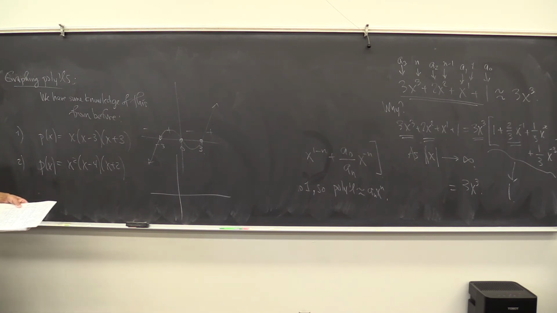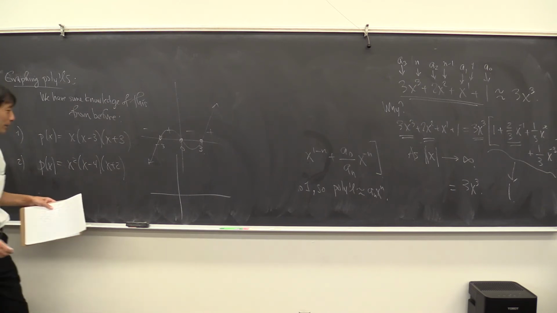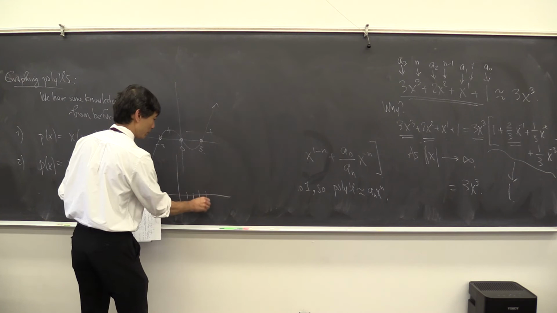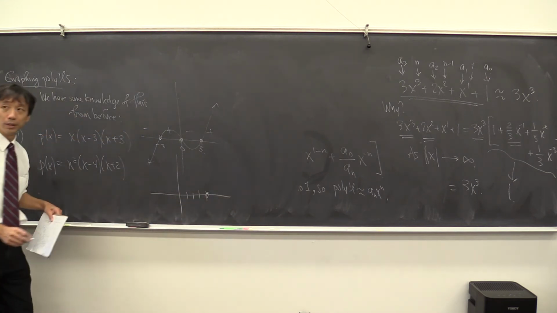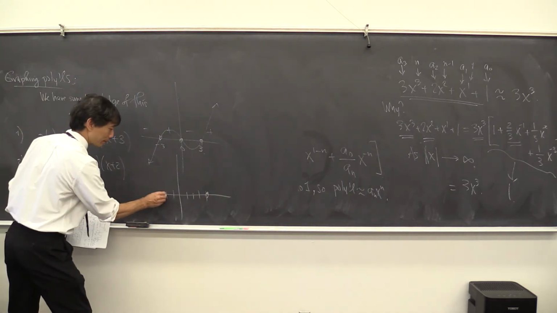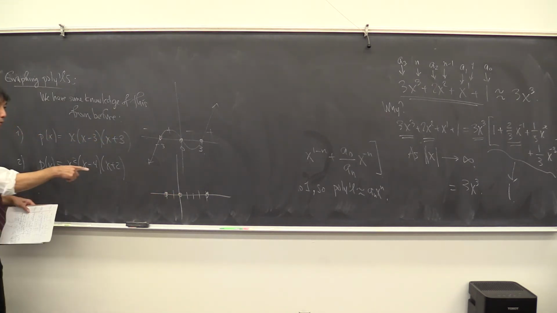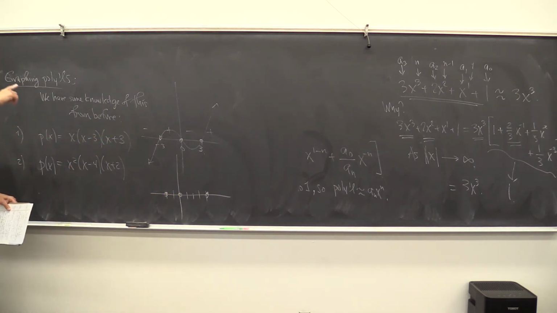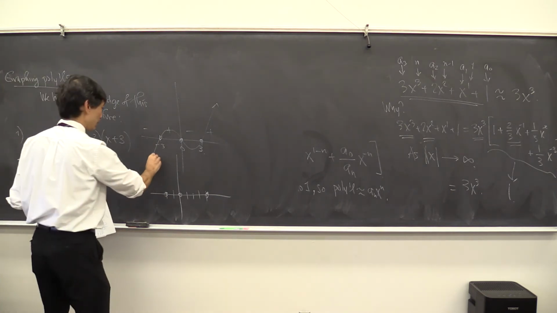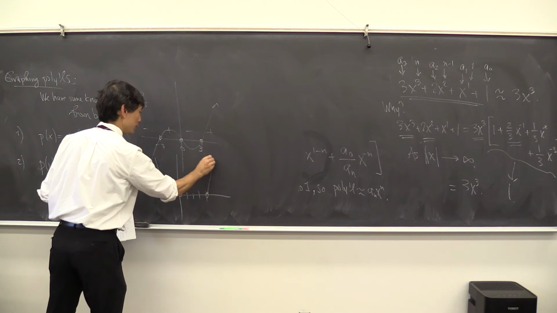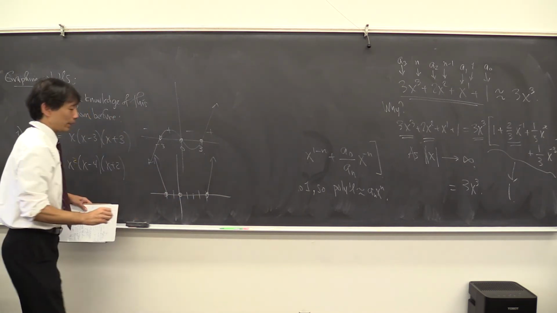Where are the zeros? 4, and negative 2. And 0, right? And this is a degree 4 polynomial, so we know it's going to come down and then go back up eventually, right? So at least we know that it's going to do something like this.